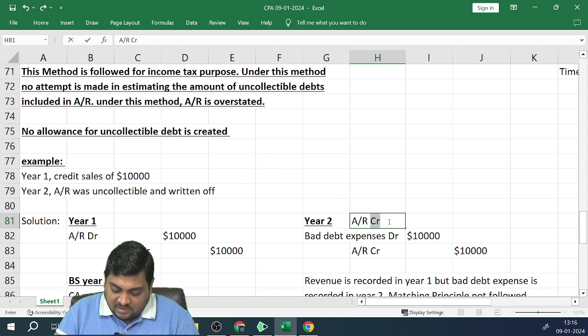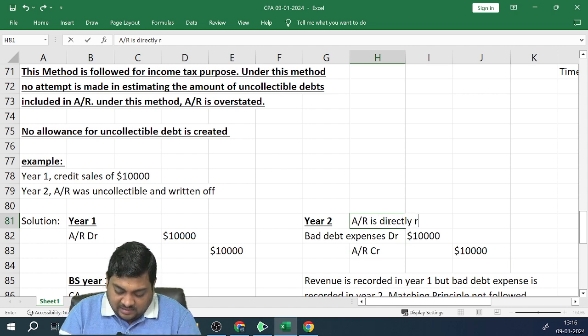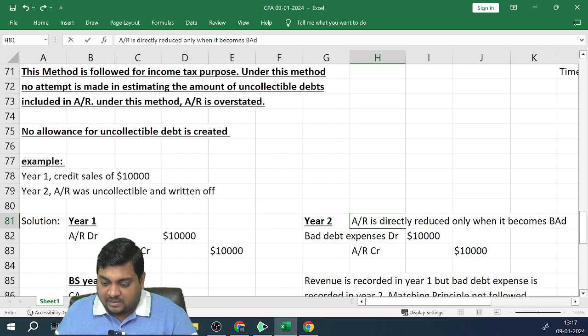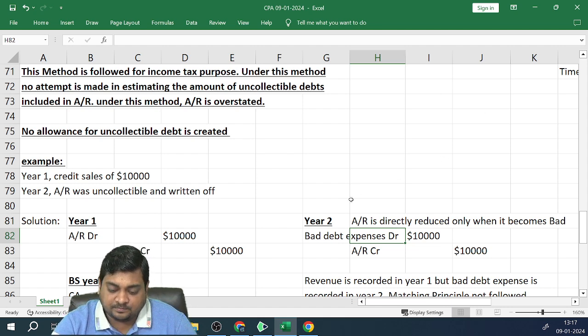Accounts receivable is directly reduced only when it becomes bad, uncollectible.